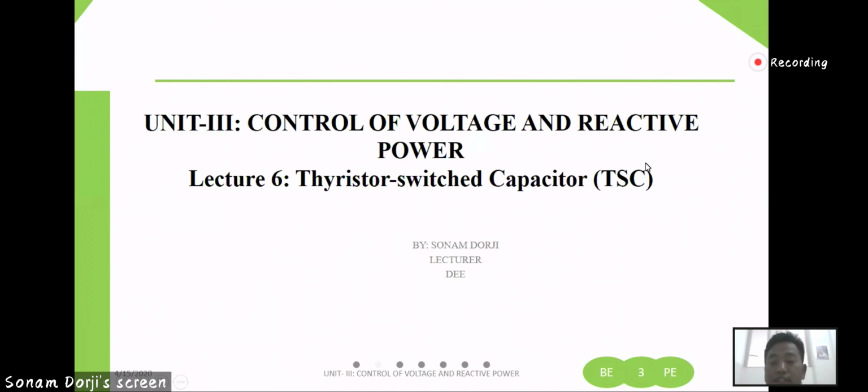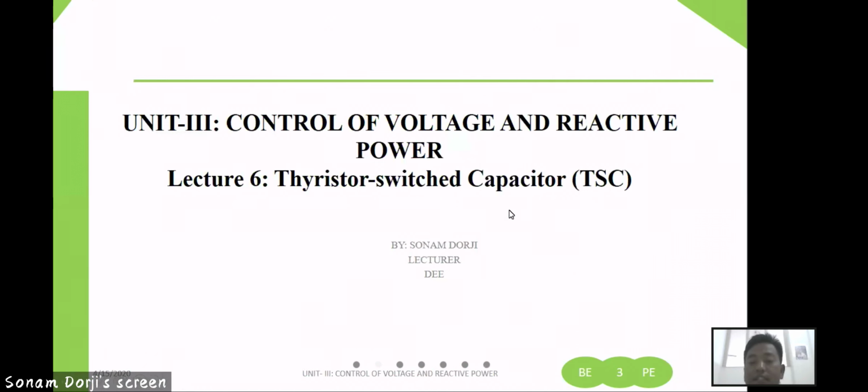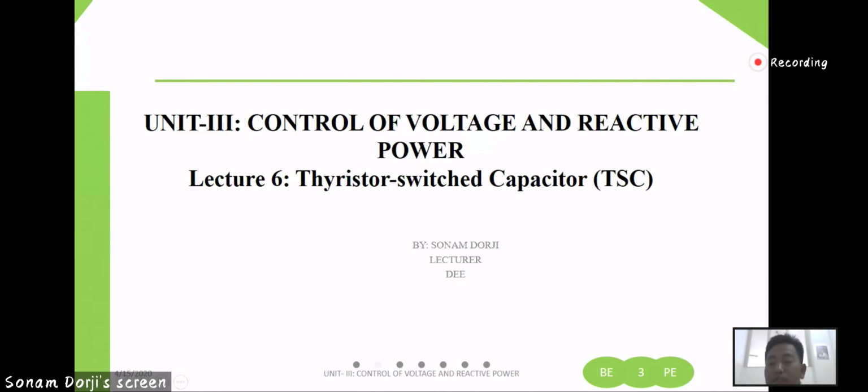TSC and TCR are like a new concept to us, but they are becoming obsolete nowadays, starting with the STATCOM, and the latest one is the UPFC. So new devices have come.